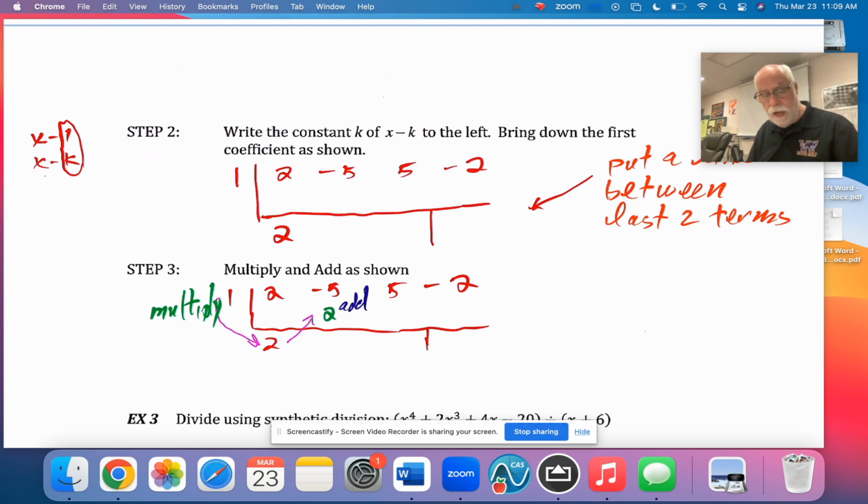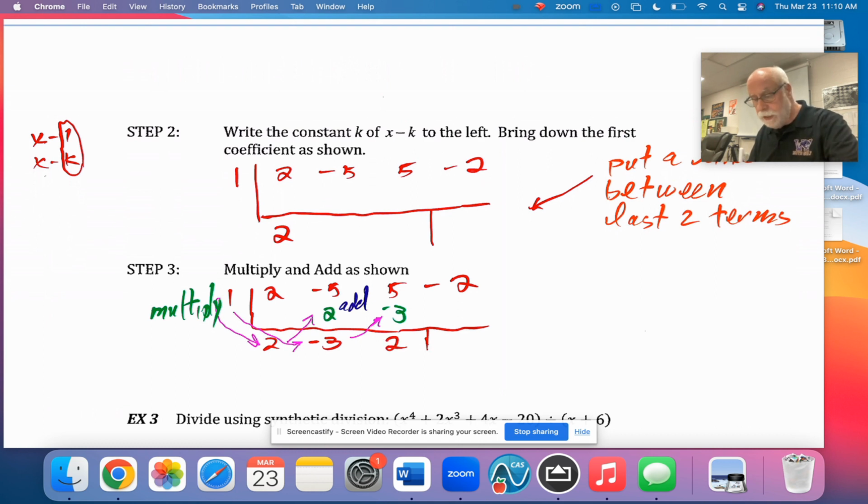Negative 5 plus 2 is negative 3. We're going to do the same thing. We're going to multiply 1 times negative 3, and that will give us negative 3. And then we're going to add those. And 5 plus a negative 3 is 2.